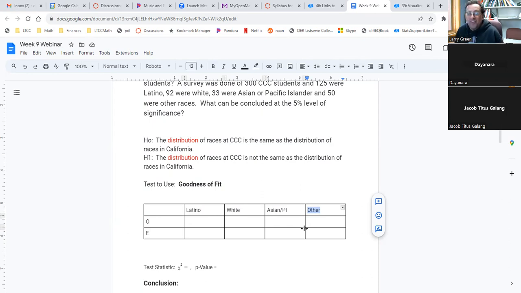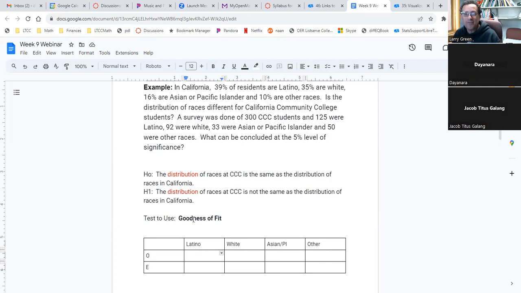Okay, so once you have written the idea of the table, now we need to fill in the table. I'm going to start with the observed Latinos. What is the observed Latinos? That's the observed from the sample that was collected. How many Latinos were there? It says right here, 125 were Latino.